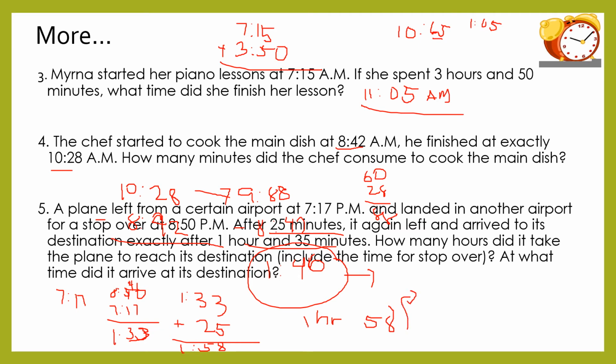So it arrived at the airport. So 8:50 plus 25, 9:15. So it arrived at the airport at around 8, because it's exactly 1 hour and 35 minutes on its trip.